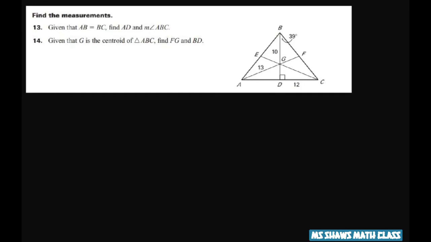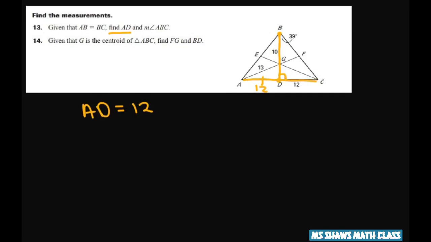So let's get started. It says find AD. Well, by definition, for a median, when it comes down here like this, it hits at the midpoint. So that means this side is also 12 because the midpoint divides it into half. So AD equals 12.